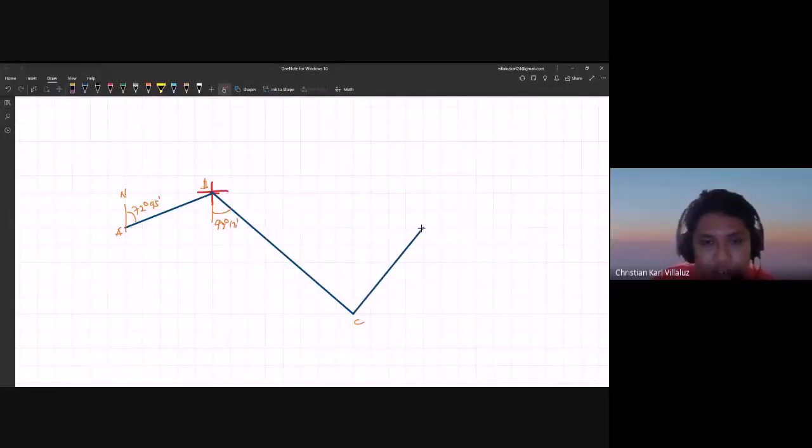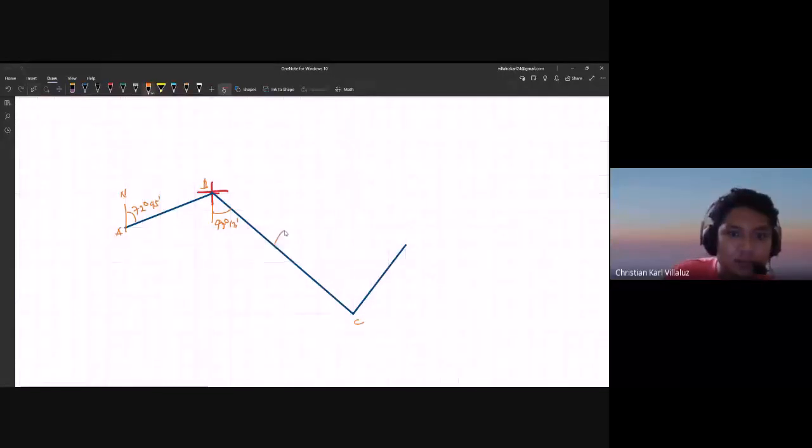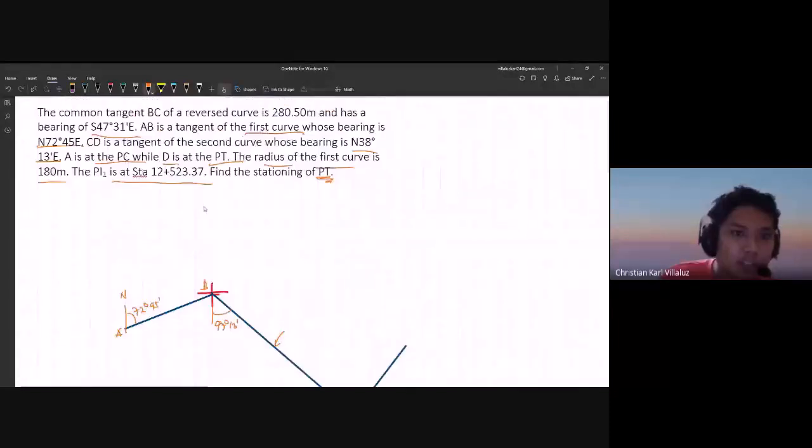So, sa paggagawa ng common tangent, estimate nyo na lang kapag inadd mo itong dalawa, dapat halos the same ng length nitong common tangent mo. Kasi ito yung common tangent natin. Diba? Tapos, sinabi dun sa problem that point A is at PC. So, this is at PC.